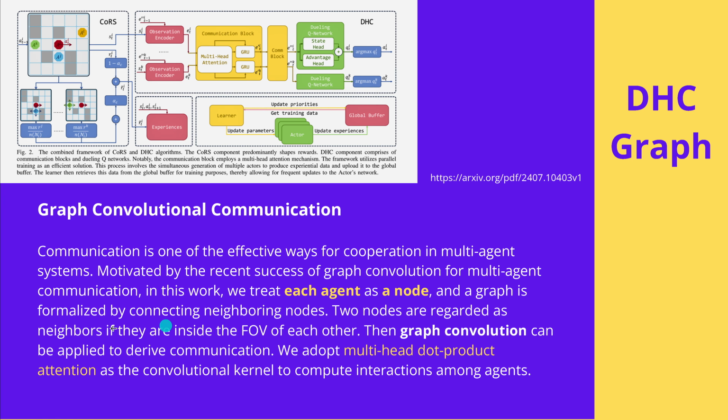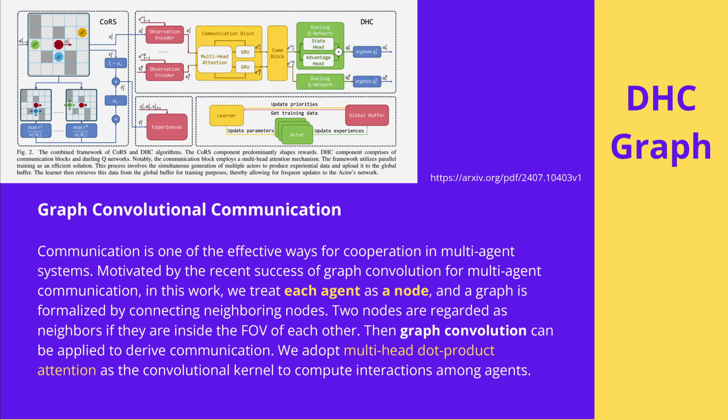And a graph is then formalized by connecting the neighboring nodes, and you immediately get the idea. Two nodes are regarded as neighbors if they are inside a particular field of view of each other. You can define this based on time, on energy, on distance, whatever you like. Or if you have different sensor types, you need a LiDAR, you need a radar, you need a visual, you need an infrared. You get the idea.